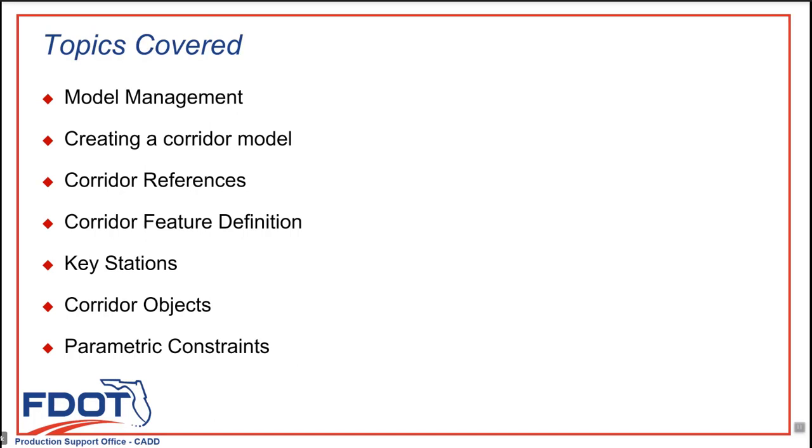And looking at corridor objects, which can look at all the other things that we create, and then adding parametric constraints, which will allow us to manually override some conditions and make some changes. In this case, we actually are going to use it for the medians, but there are a few different things we can use it for. All right, so let's take a look.